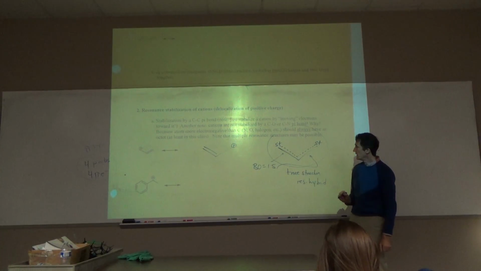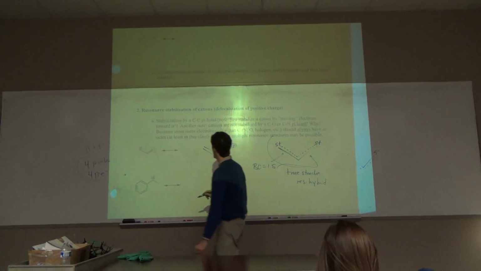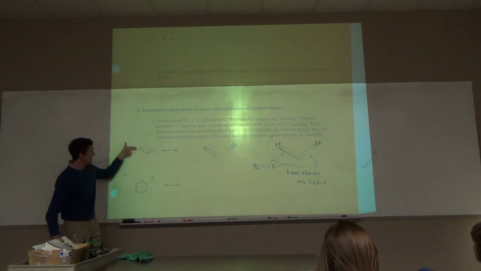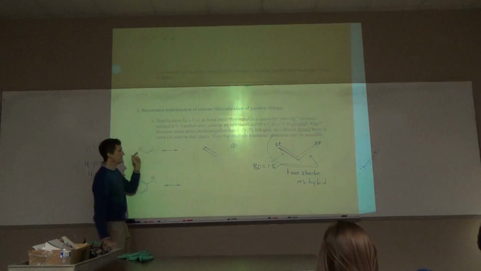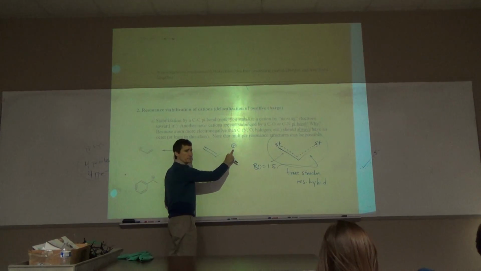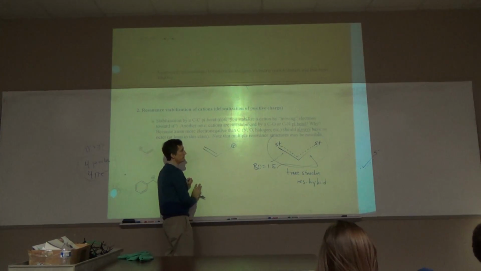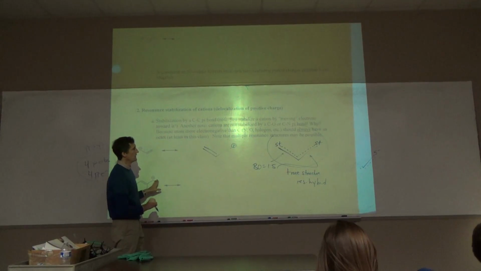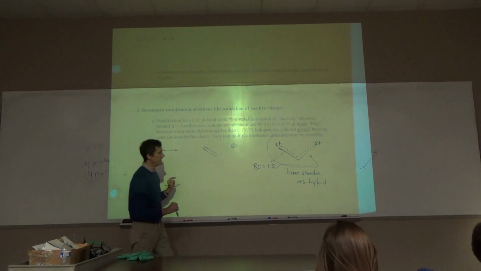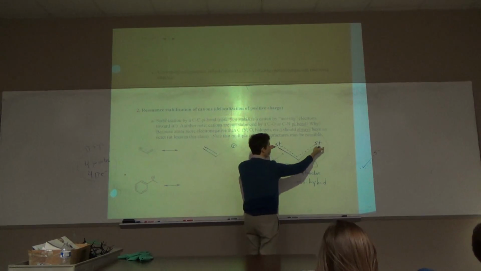One thing we've done, though, very importantly, is we've delocalized the cation. Here the cation's on the left end, here the cation's on the right end. But we know that neither one is true. In terms of cation, it's partial plus on each end.